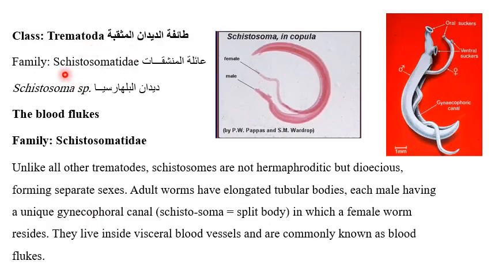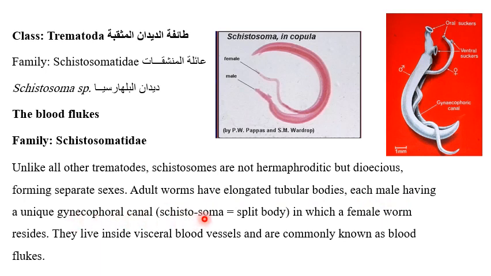Trematoda. Family Schistosomatidae. Schistosoma species, the blood fluke. Unlike other trematodes, schistosomes are not hermaphroditic but dioecious, forming separate sexes. Adult worms have elongated tubular bodies, each male having a unique gynecophoral canal.